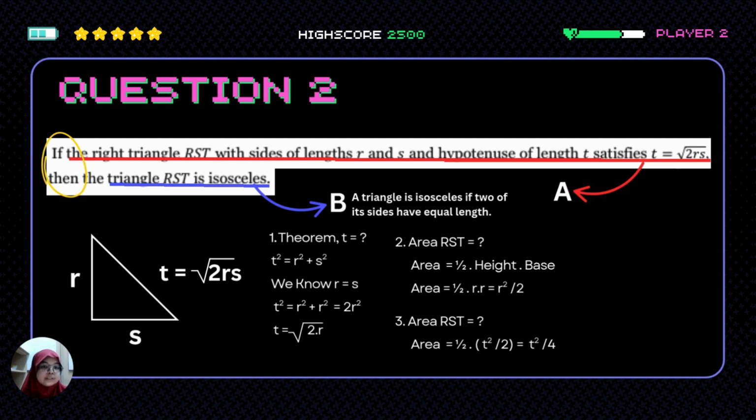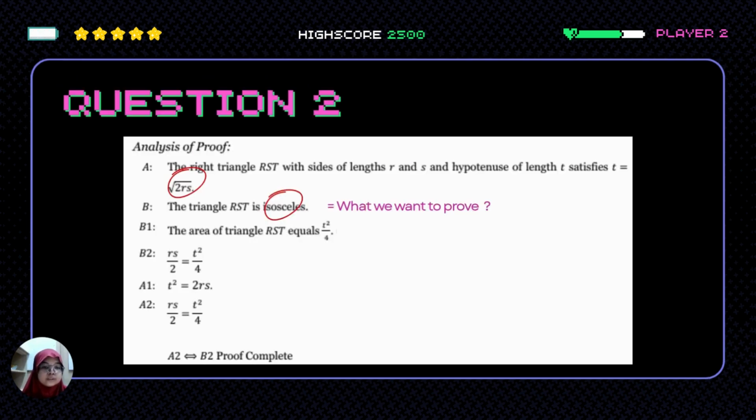Isosceles means the lengths of R and S are equal. So first, by the Pythagorean theorem, T equal to square root 2R, and then we find the area RS over 2, and then we compute it, so we get T squared over 4. So from this question, we want to answer.